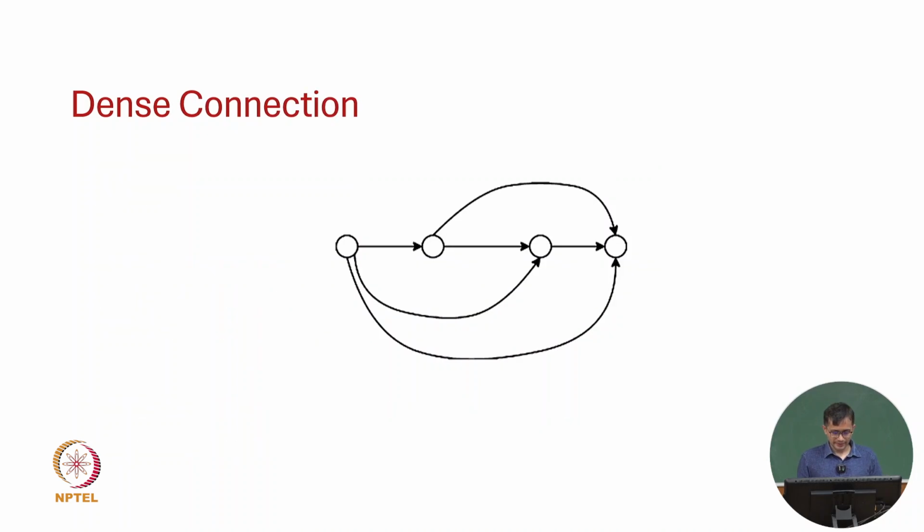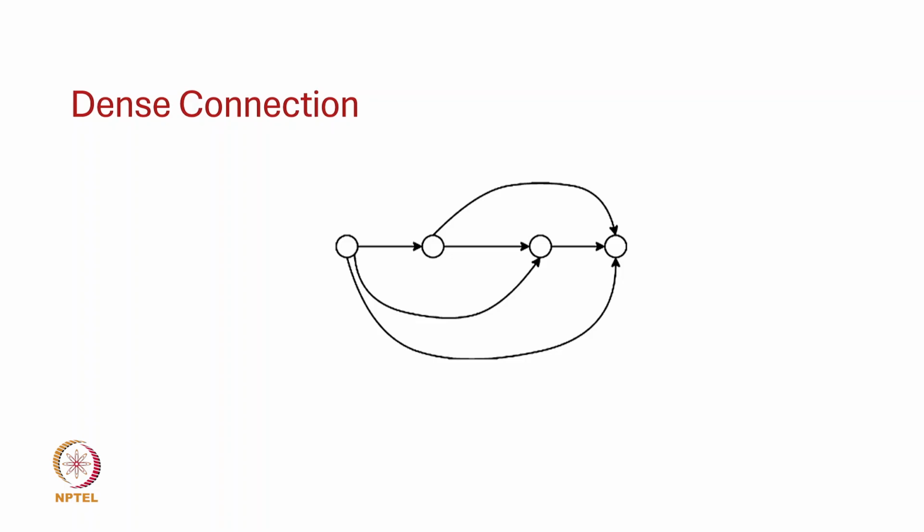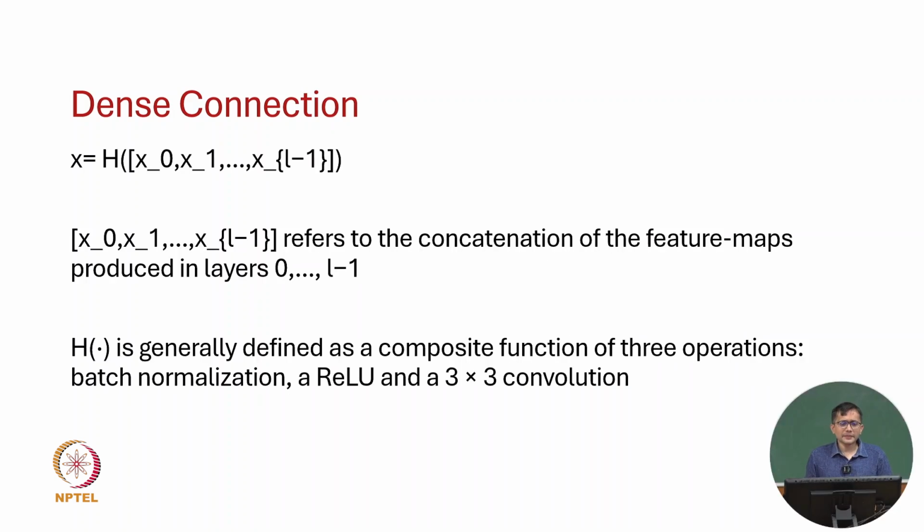What we see here in this figure is a very simple pictorial representation of such a dense block. As you can see, this is the first layer, and it gets passed to the second one. The third one is receiving inputs from the first as well as from the second. The fourth one is receiving input from the first, from the second, and also from the third. The same thing here we have tried to write in a bit more formal equation style.